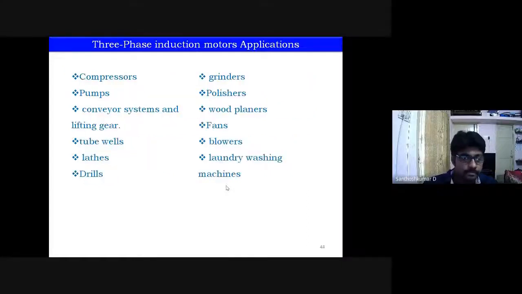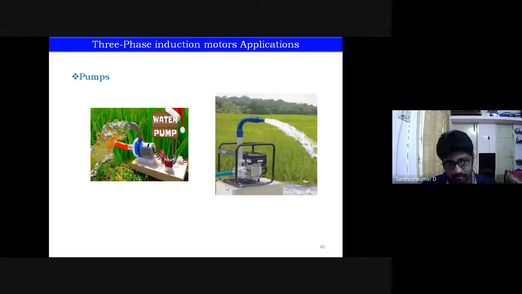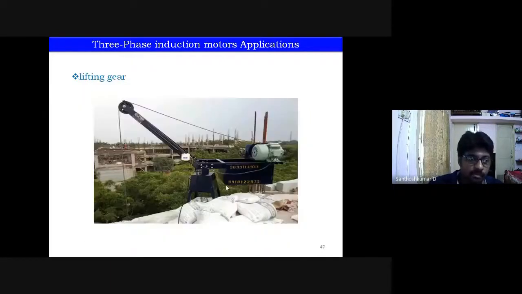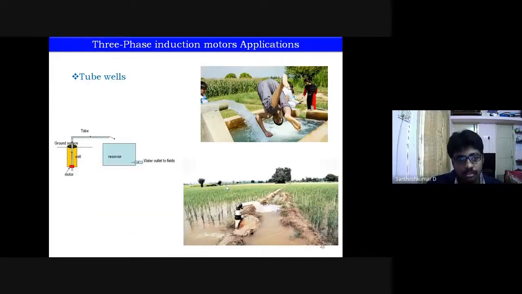Okay, yeah, many kinds of applications, right? Compressors, pumps, conveyors, lifting gear, tube wells, lathes, drills, grinders, polishers, wood planers, fans, blowers, laundry washing machines. Pumps are used for agriculture processes, conveyor systems transport the material, am I right? And lifting gear is for the construction field, and tube wells.